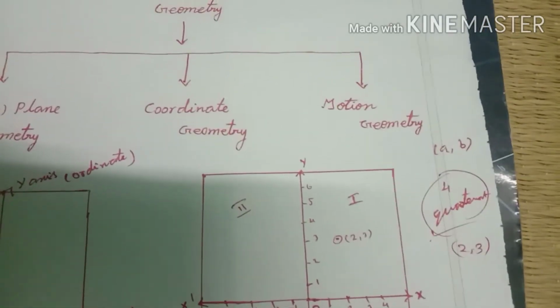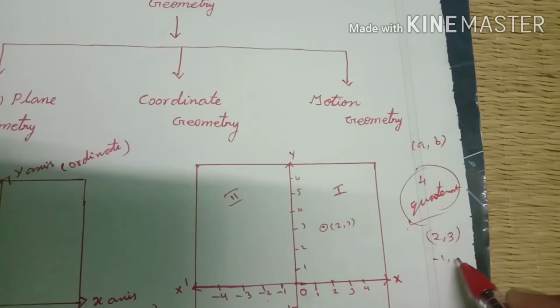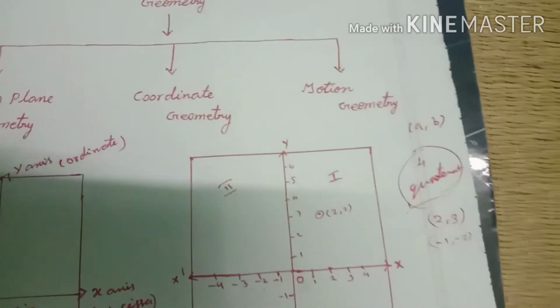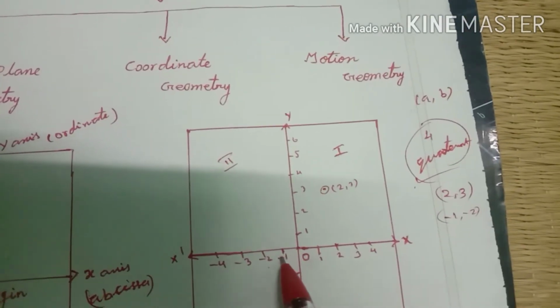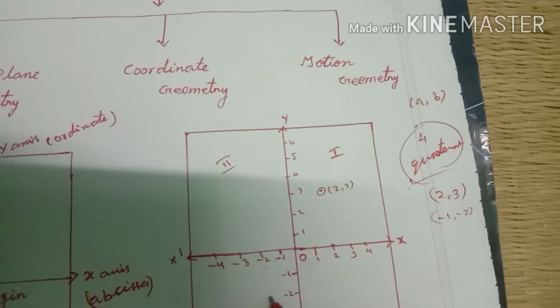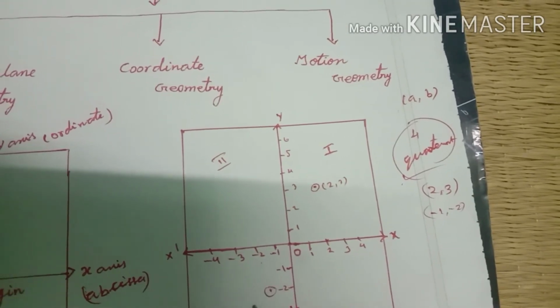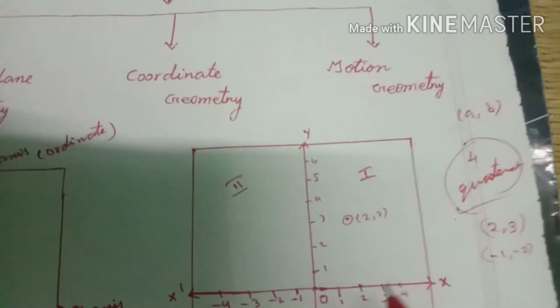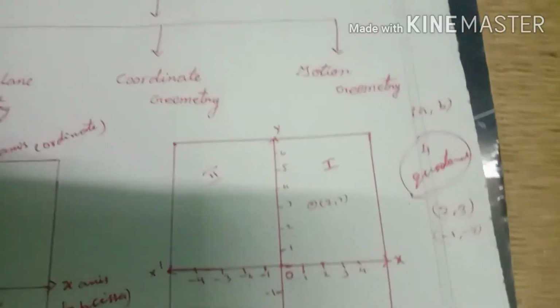Similarly, for the point -1 comma -2, we set x as -1 and y as -2, and the point -1 comma -2 refers to the exact area, which we can find.